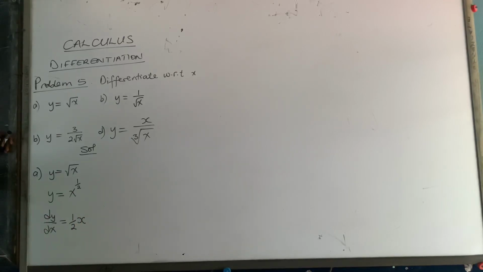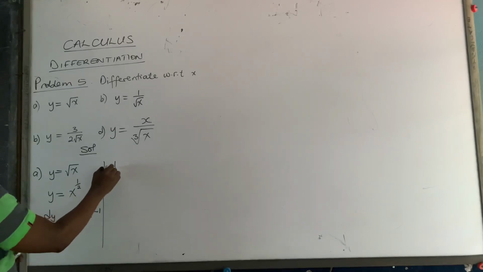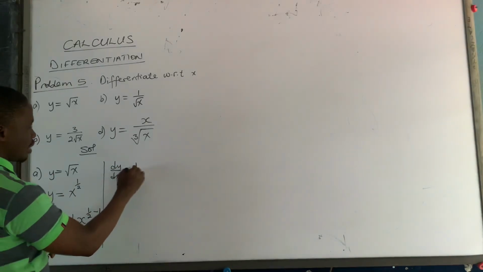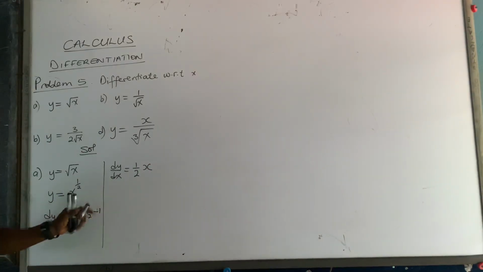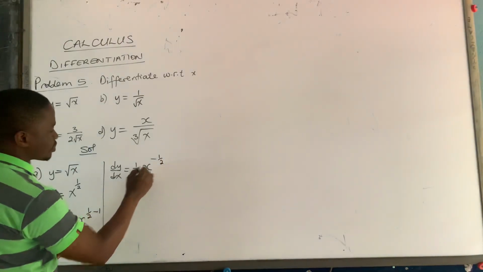We write the variable itself, then the power minus 1. So half minus 1. So we say dy dx is equal to half x raised to the power of half minus 1. Half minus 1 is minus half.